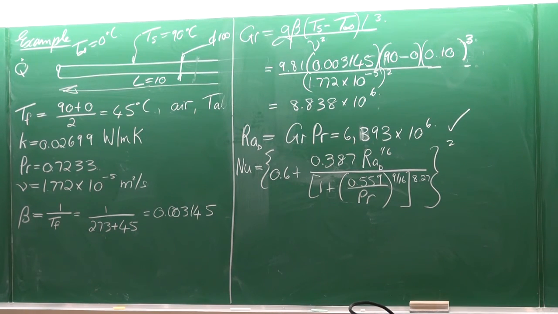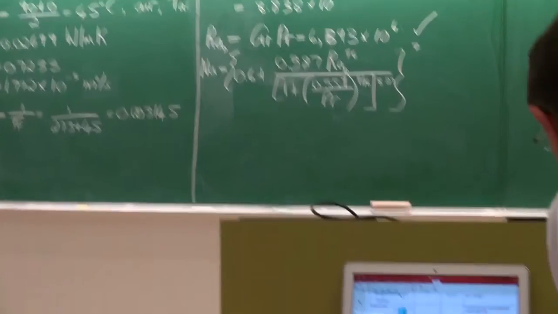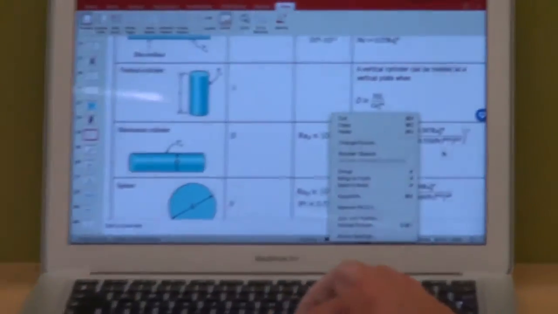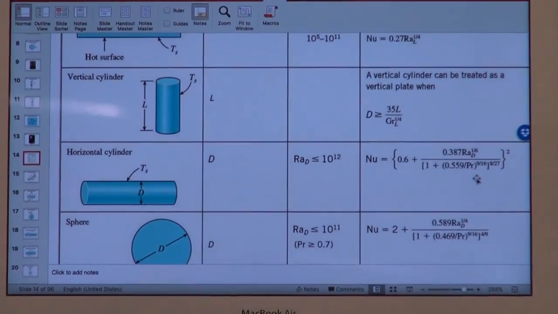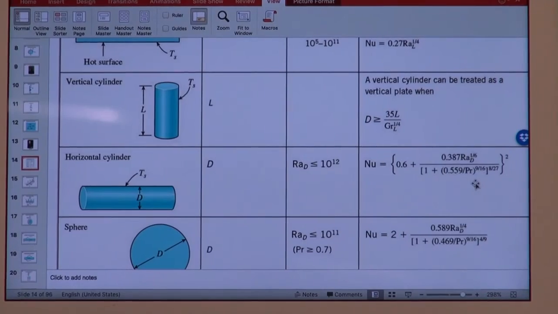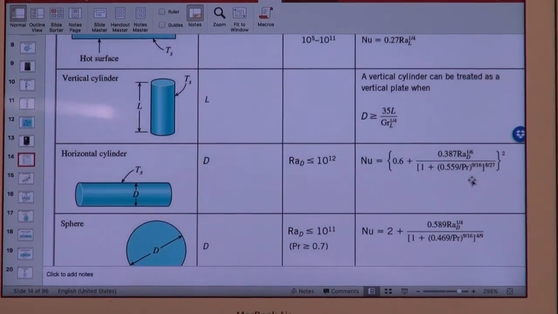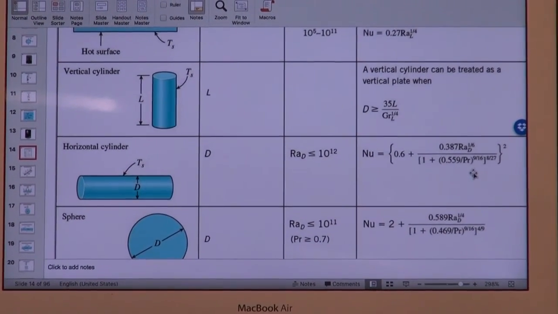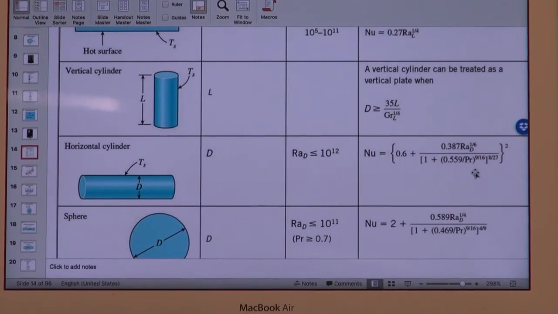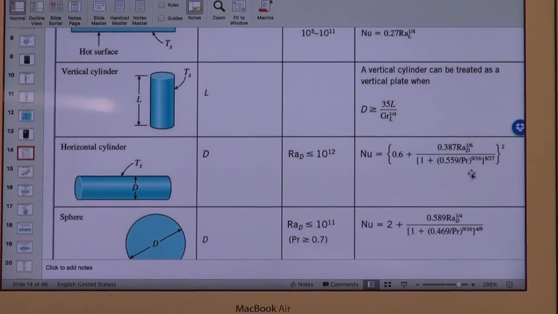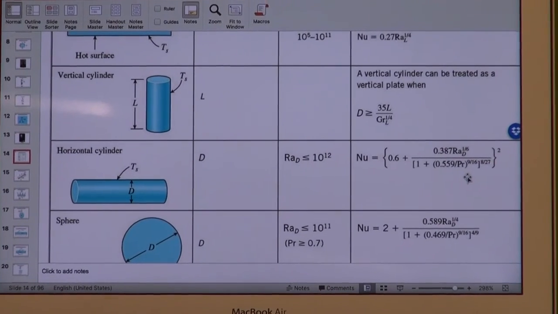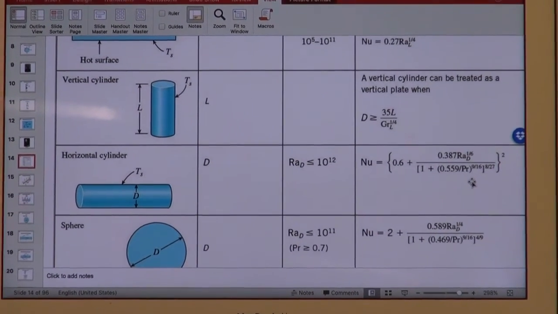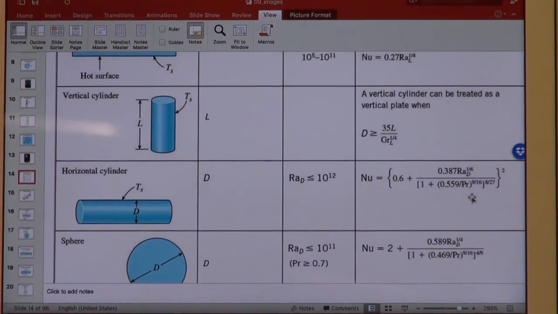Let's just look at it in the textbook again. So there it is in the textbook. Nusselt is equal to 0.6 plus 0.387 Rayleigh based on the diameter to the 1/6 divided by 1 plus 0.559 divided by the Prandtl to the power of 9/16, also everything to the power of 8/27 to the power of the 2.